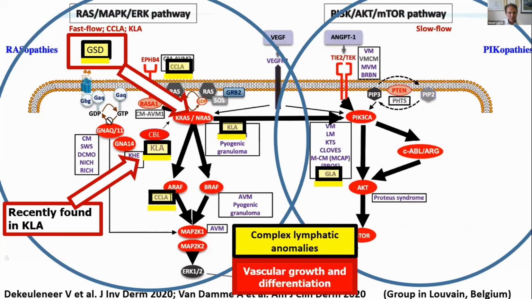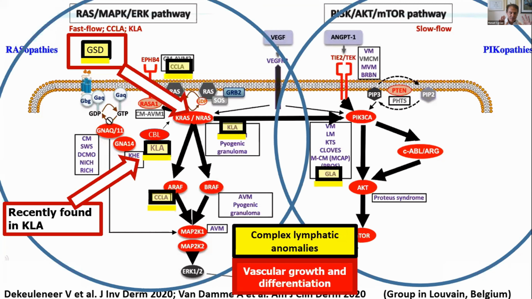Also, there have been some reports showing that some patients with a KRAS mutation present as Gorham-Stout disease. So we're learning a lot more about the genetics of these complex vascular anomalies.